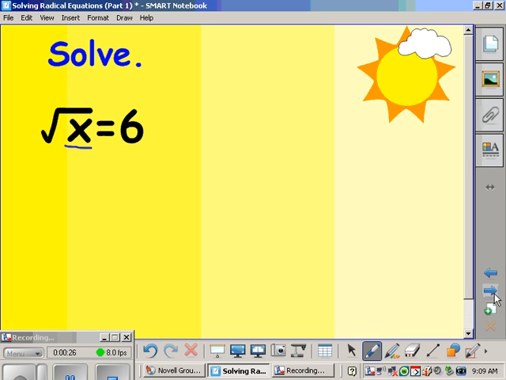So you need to go back to thinking about perfect squares, remembering that 1 squared is 1, 2 squared is 4, 3 squared is 9, etc. So let me write down the first 6. Now remember, squaring a number is the opposite of taking its square root.